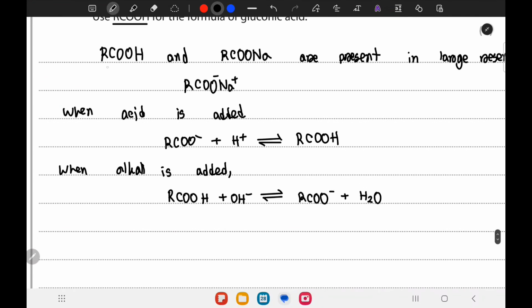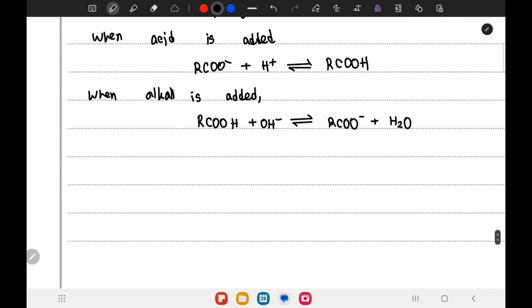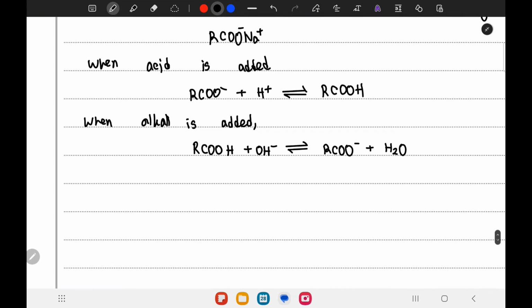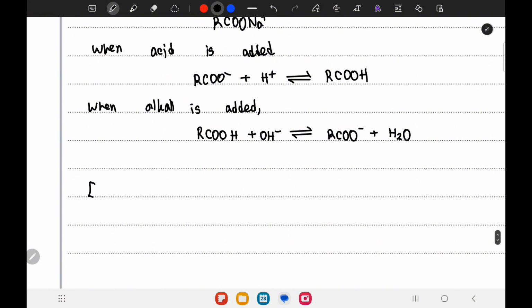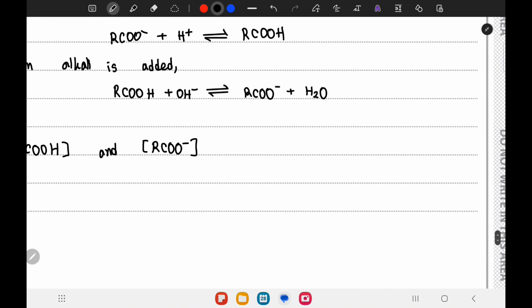Now, since both RCOOH and RCOO⁻ are in large reserves, the concentration of RCOOH, or gluconic acid, and sodium gluconate does not change much.